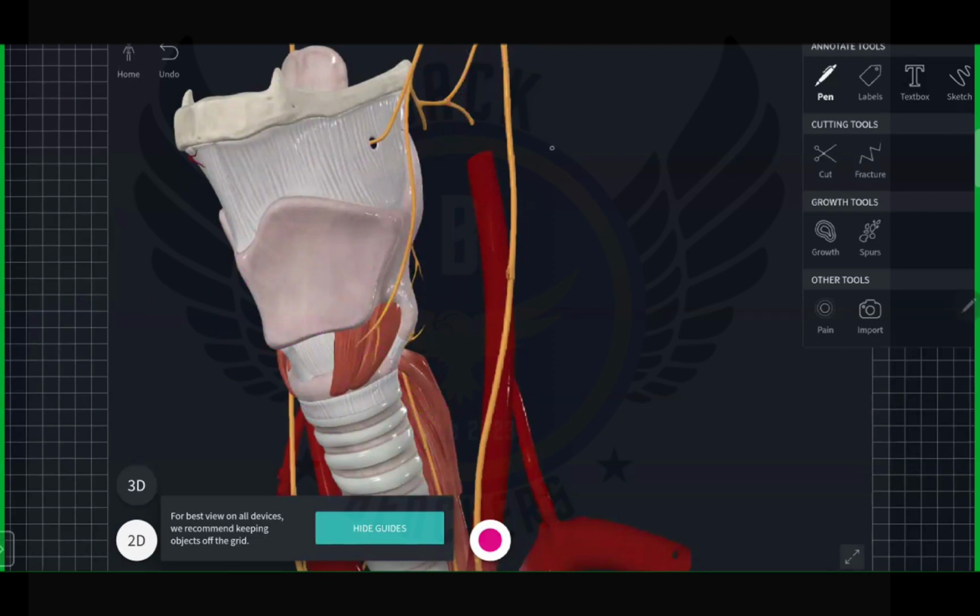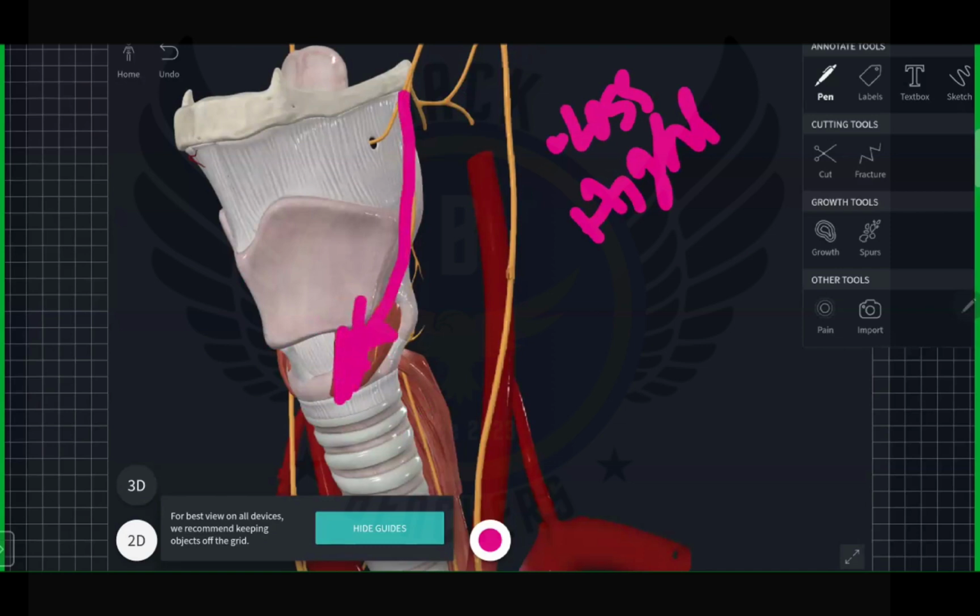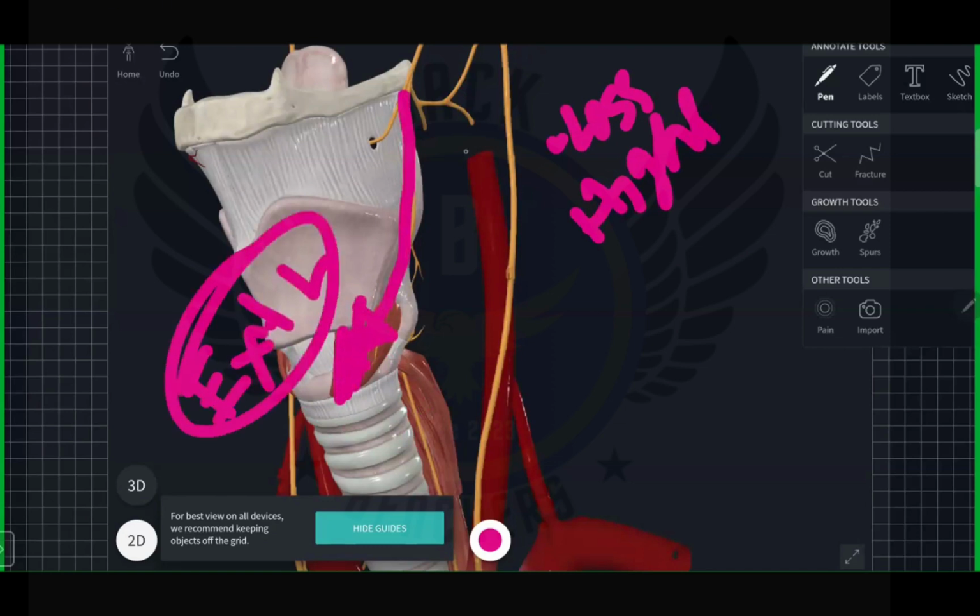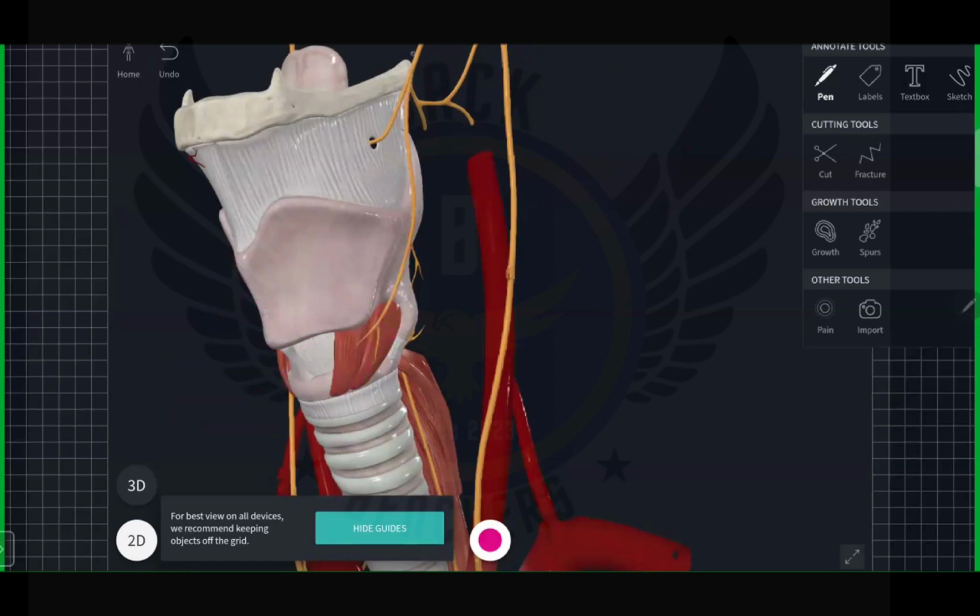If they say the person presents with loss of high-pitched sound, we know high-pitched sound is caused by the cricothyroid, which is supplied by your external laryngeal nerve. So you are very sure you have injured the external laryngeal nerve. Now, if you don't have the external laryngeal nerve in your options, what have you injured? The superior laryngeal nerve.